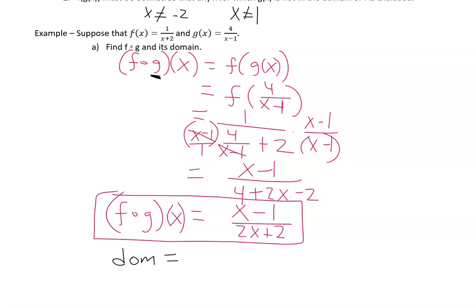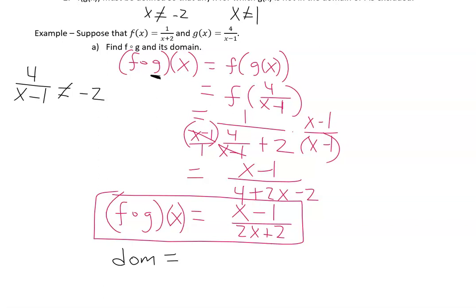So in addition to not including the 1, we also have to make sure that we do not include any x value that causes g of x to equal -2. So I'm going to come to the side here and say I do not want 4 over x minus 1 to equal -2, because then we run into a problem when we try to plug it into f.